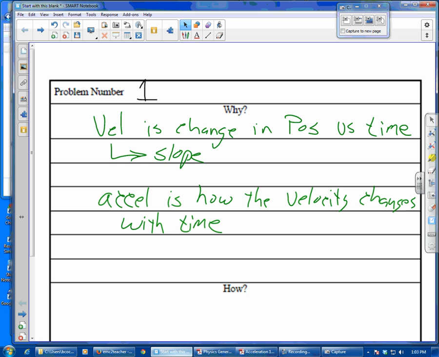So this is showing that I understand what's going on here. I'm looking to see if I need to graph my acceleration, and I don't. So again, you might also indicate that the acceleration is the slope of the velocity-time graph. This is the slope of the position-time graph.